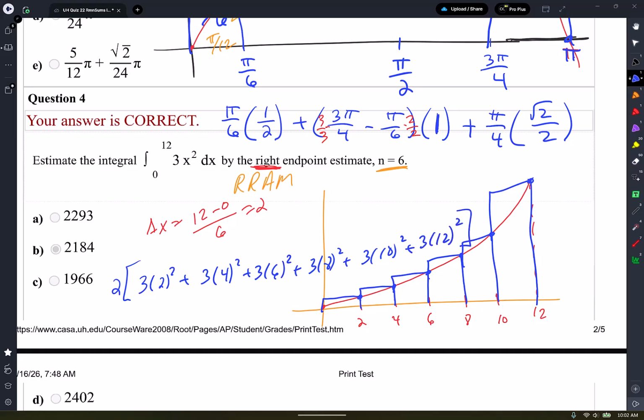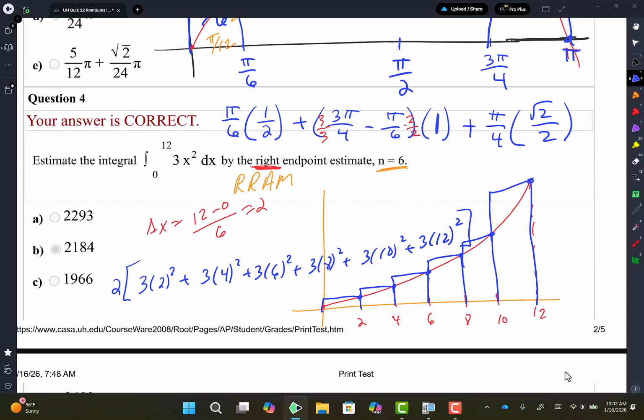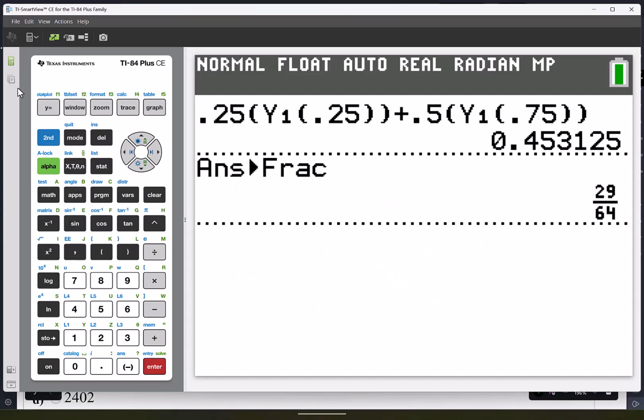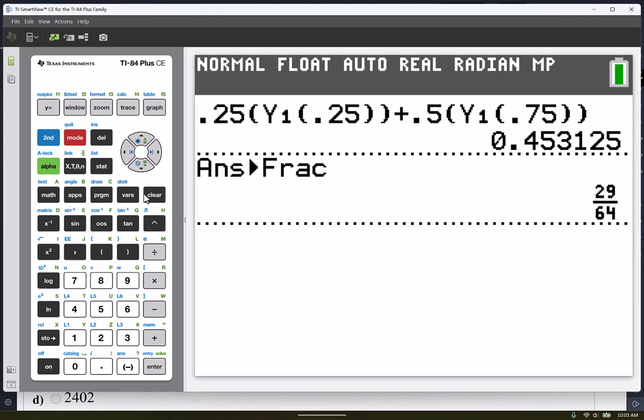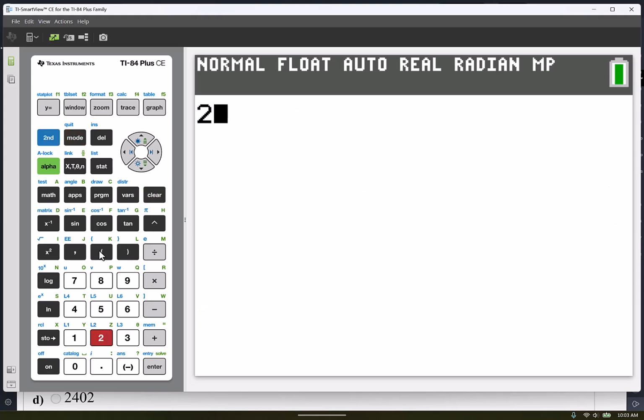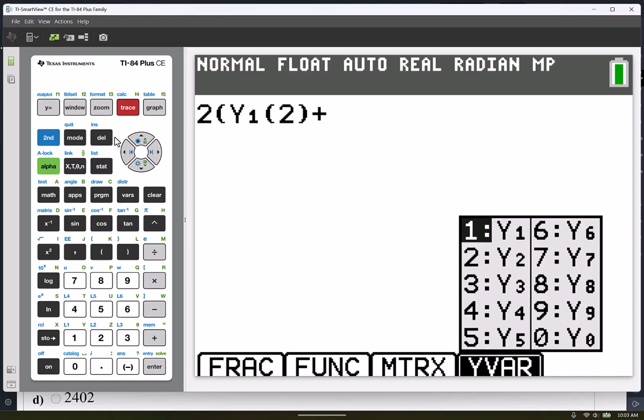If you want to be smart, you type in 3x squared in your y1. So I'm going to go to y1 and I'm going to type 3x squared. And then you just go 2, here's my 2 factored out. Big parenthesis. Alpha trace y1 at 2 plus alpha trace y1 at 4. You don't have to put any squares because it's already embedded in y1.